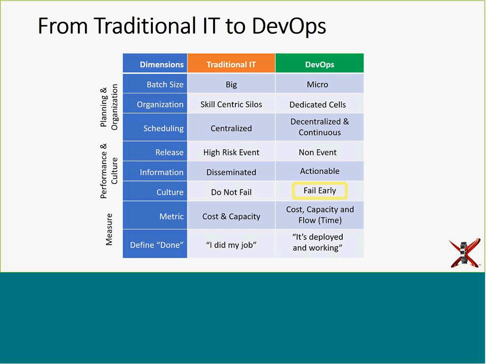So instead of trying not to fail at all and putting a huge amount of effort into that, we recognize that sometimes things do go wrong. And instead of making sure we don't, we make sure that we can cope with those failures, that we can address them early on in the process so that they don't actually reach real customers.